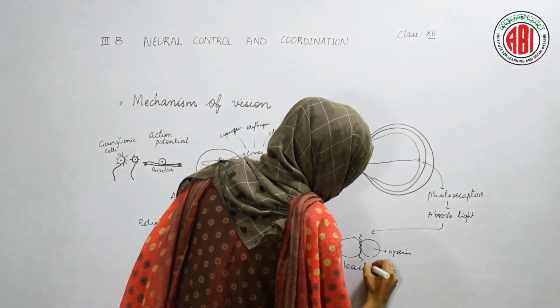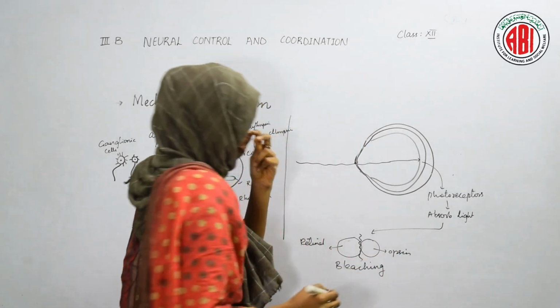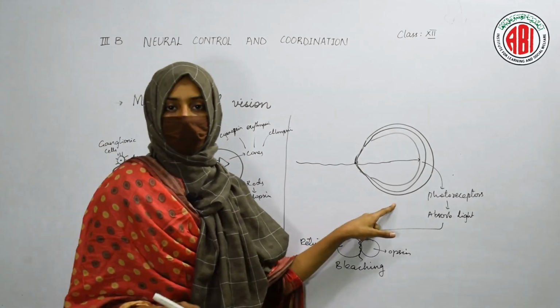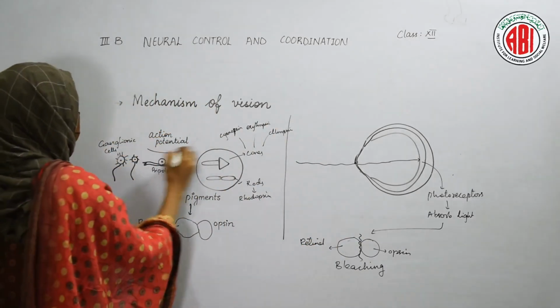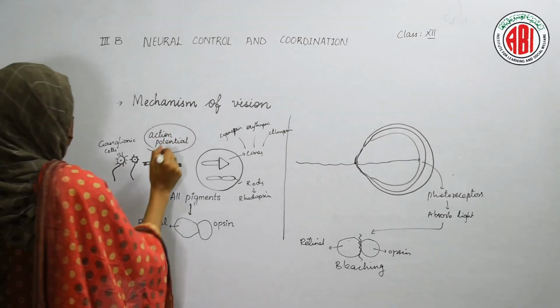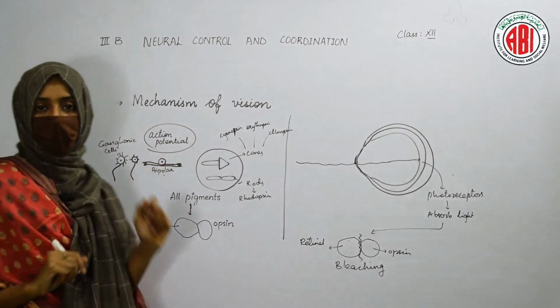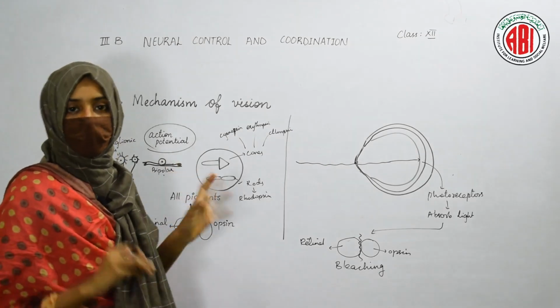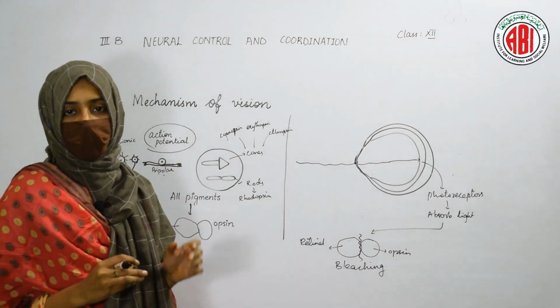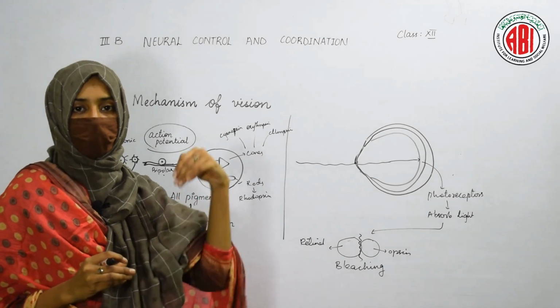Now, due to the bleaching of the pigment of the photoreceptors, the action potential can be seen in the bipolar neurons and in the ganglionic cells. Due to this action potential, they become activated and they start to transmit the signals to the brain.